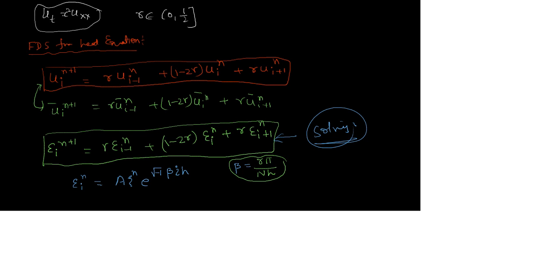So n+1, i h, this would be equal to r A zeta^n exponential of square root of minus 1 beta (i minus 1) h, plus (1 minus 2r) A zeta^n exponential of square root of minus 1 beta i h, plus r A zeta^n exponential of square root of minus 1 beta (i plus 1) h.